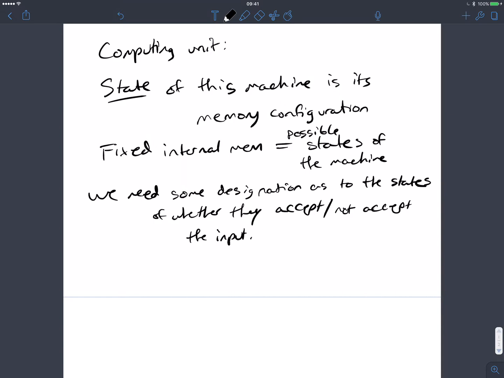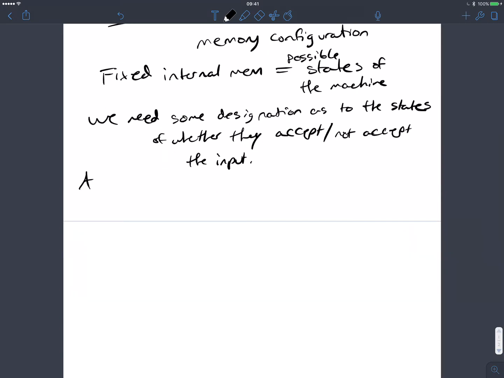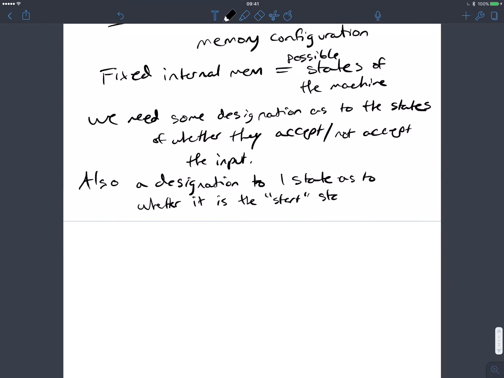It's some configuration. So we need to have one state as the starting configuration of the machine. So also a designation to one state as to whether it is what we're going to call the start state.